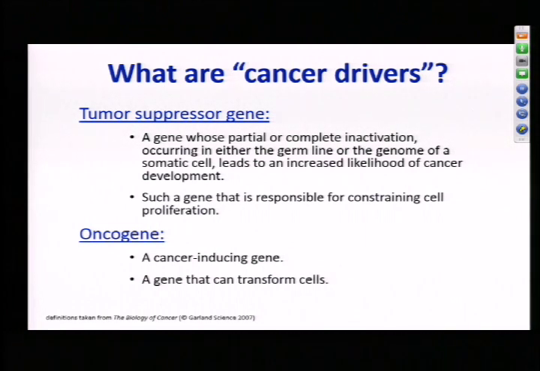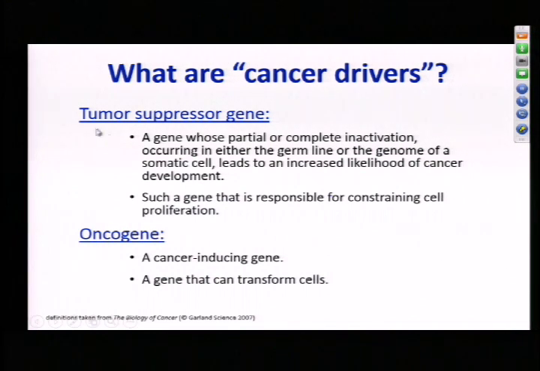So as I go on here, I'm going to talk generically about cancer driver mutations, and I just wanted to touch on what that means. A driver mutation in cancer is a mutation in one of the genes in the genome that causes the behavior of the gene. Generally, cancer drivers come in two flavors. There are tumor suppressor genes, and then there are oncogenes.